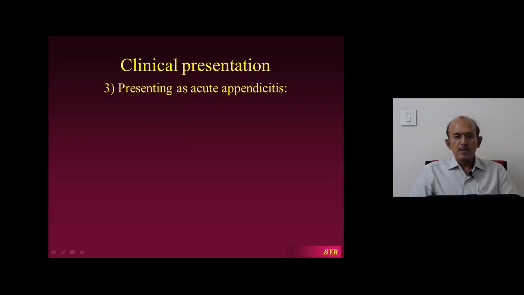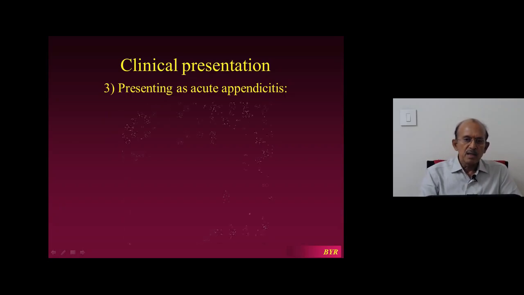Yes, very good. In acute appendicitis, first the patient presents with pain in the umbilical region. After a few hours, he gets the pain in the right iliac fossa. This is called the shifting pain. Pain shifts from one area to another area.